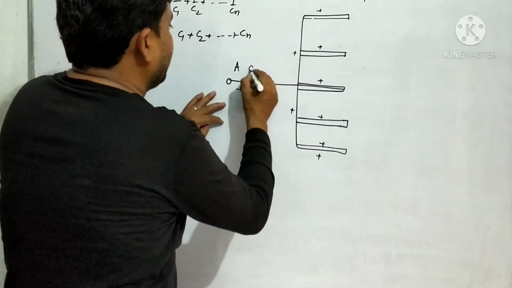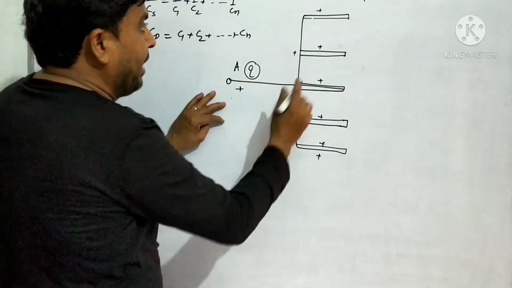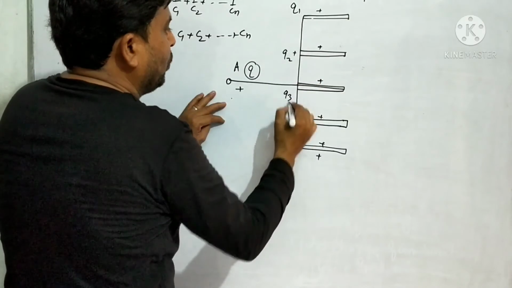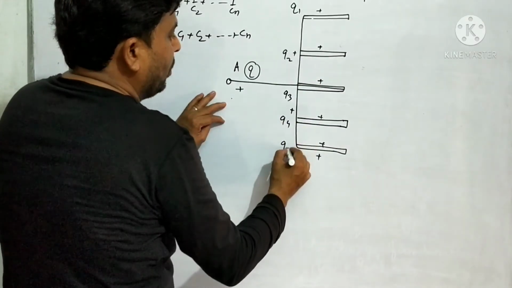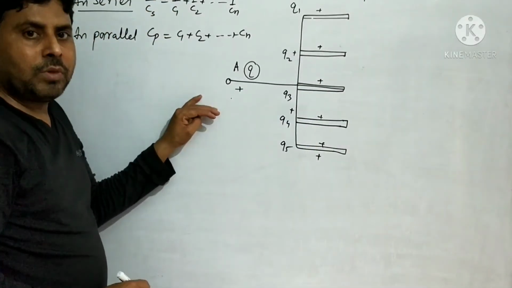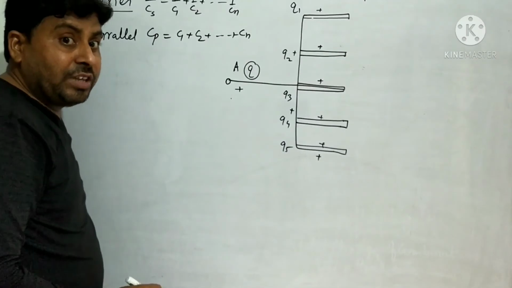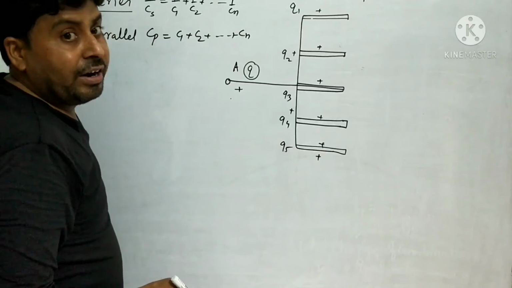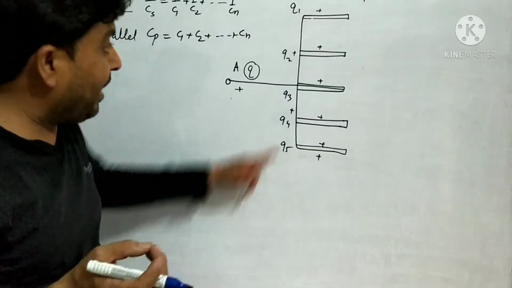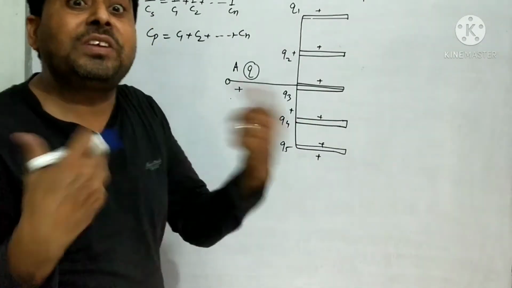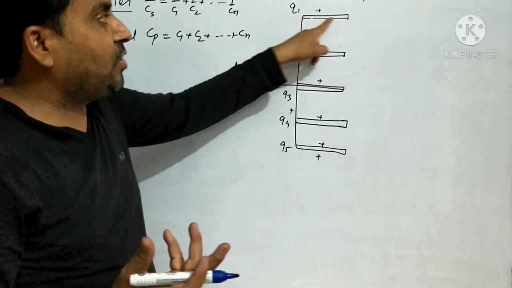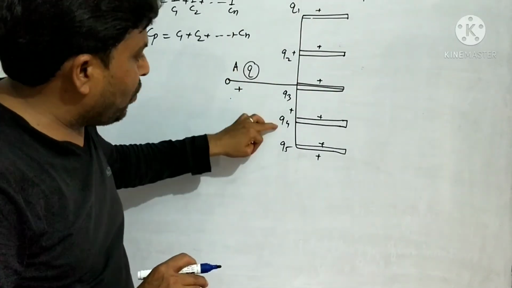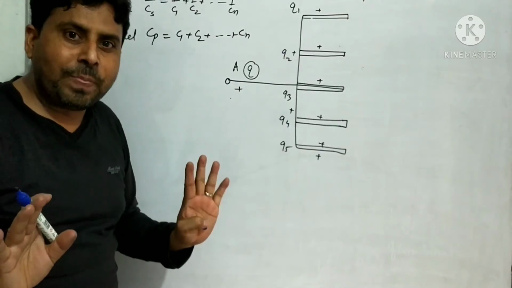Total charge of the system Q is divided into Q1, Q2, Q3, Q4, Q5. All charges are individual and separate, according to the plate area of the conductor. As per the size of a conducting plate, charge will be stored. That's why Q1 here, Q2 here, Q3 here, Q4 here, Q5 here.